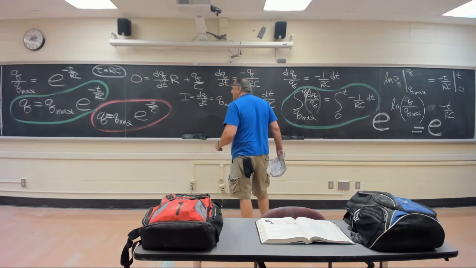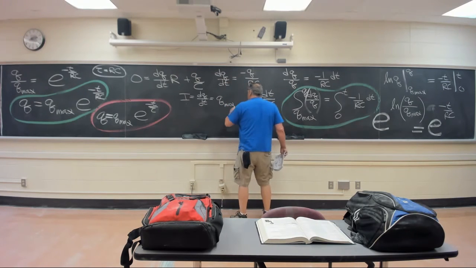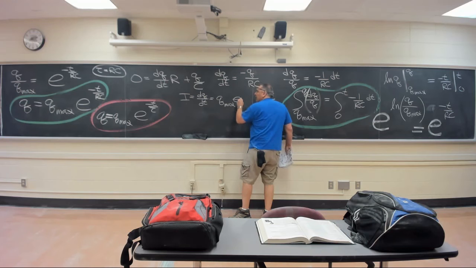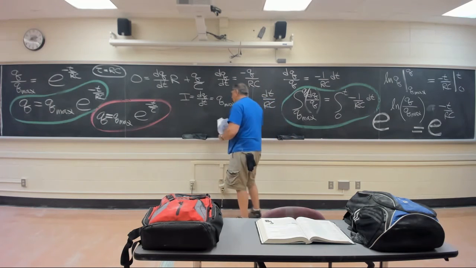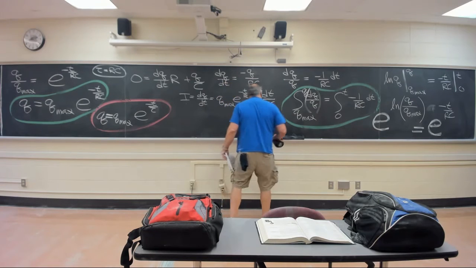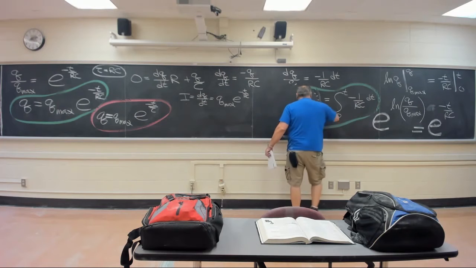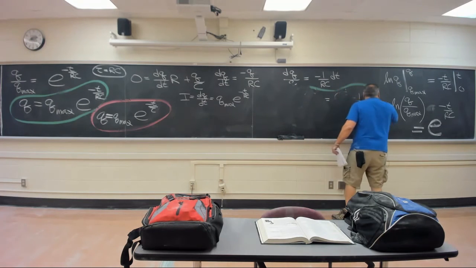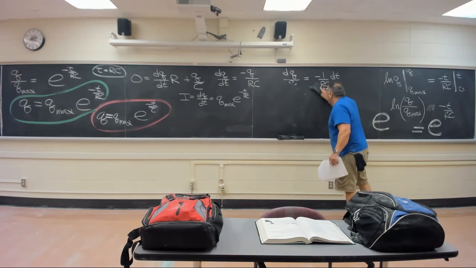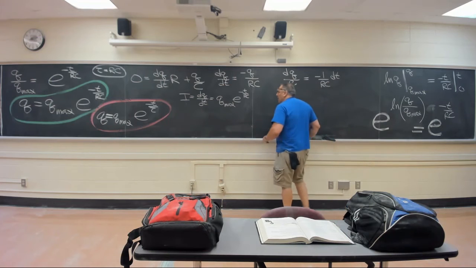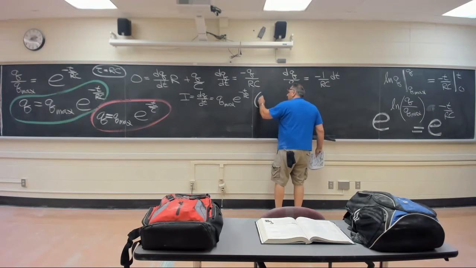You got Q max E to the negative T over RC times a negative 1 over RC.